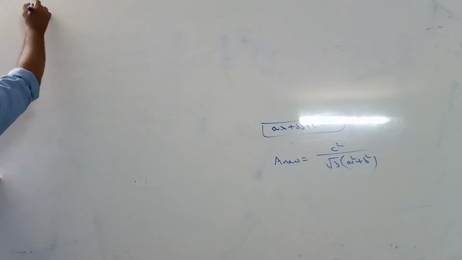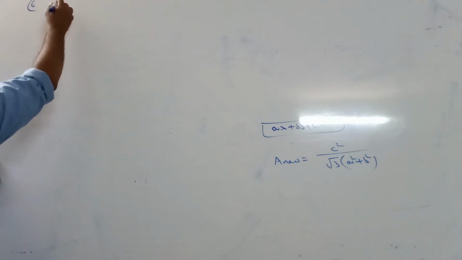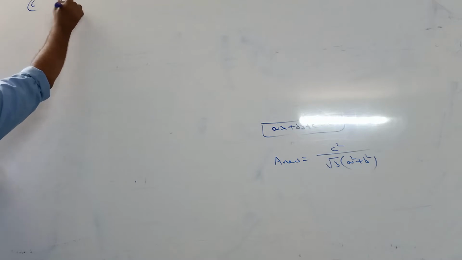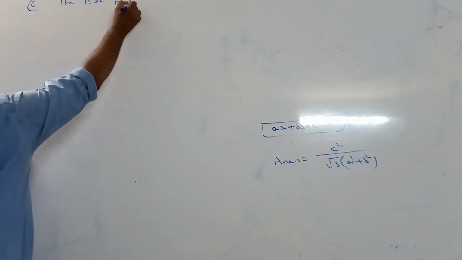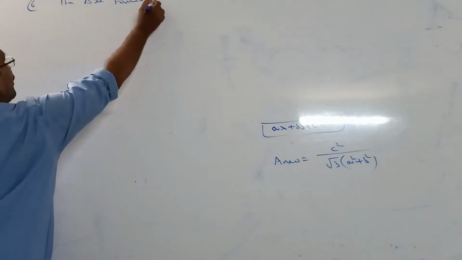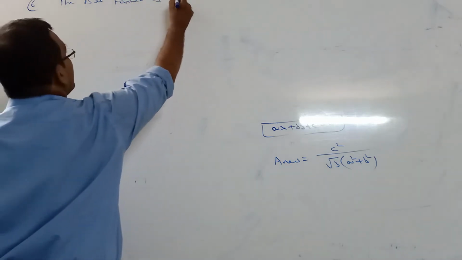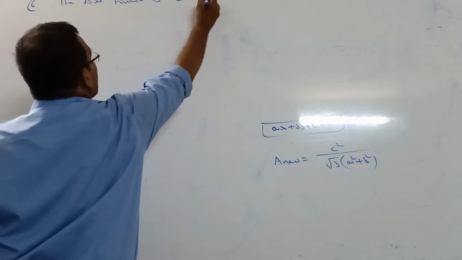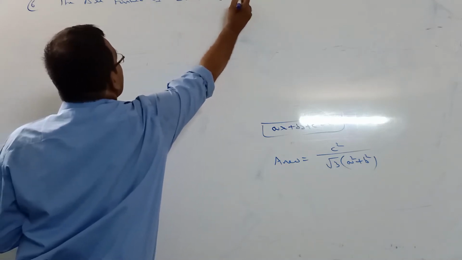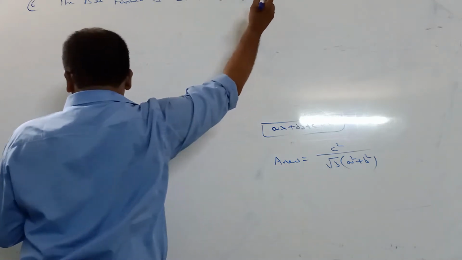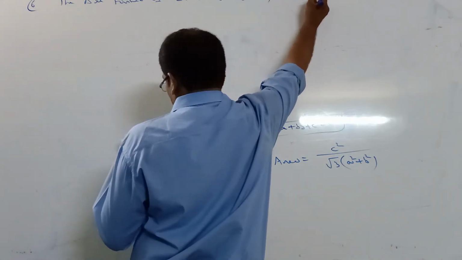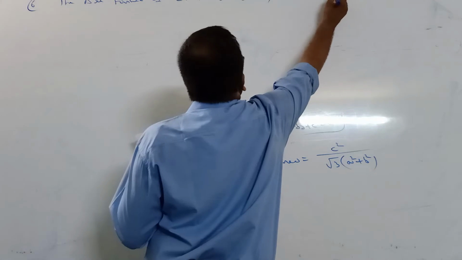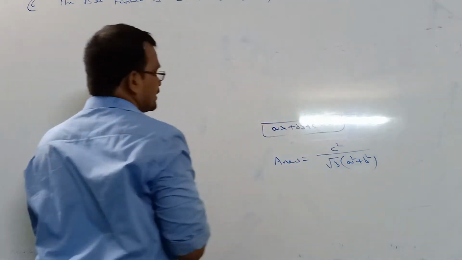Next, question number 6. The triangle formed by 2x square plus 3xy minus 2y square equal to 0, comma 3x plus y plus 1 equal to 0 is.